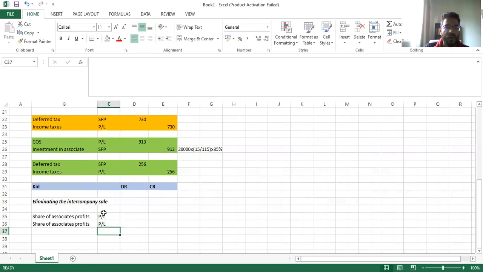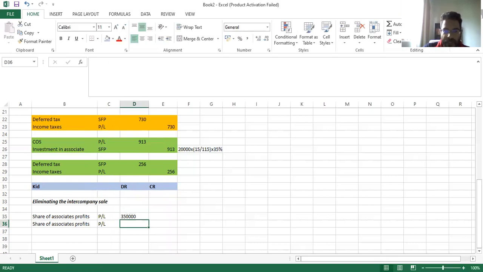So the intercompany sale for the current year was 350. What was the current year sale? The current year sale was 350. So what we'd do is just do this: 350, multiplied by our percentage. What was our percentage now? Let's go check.